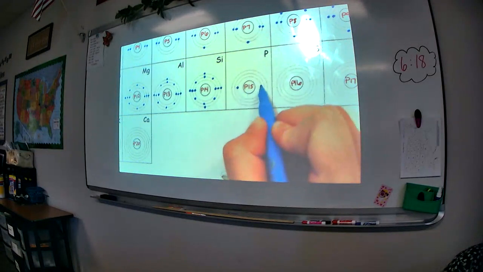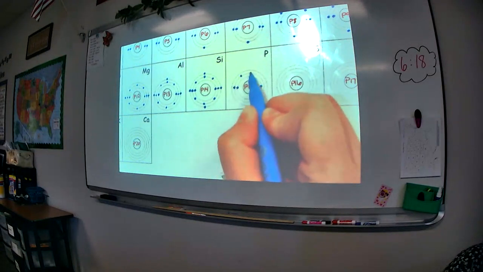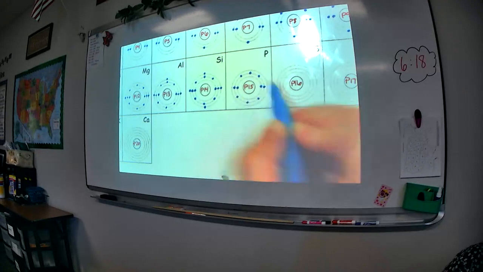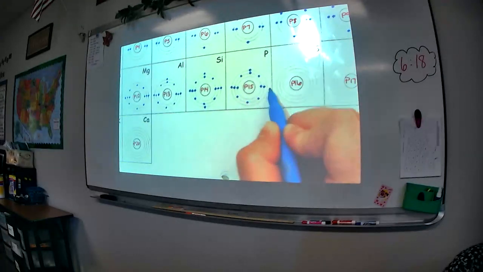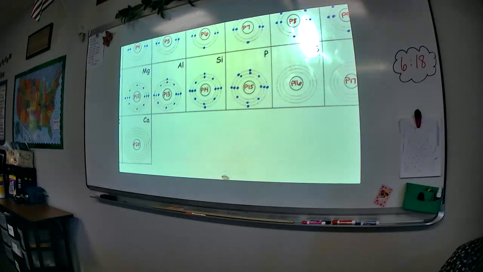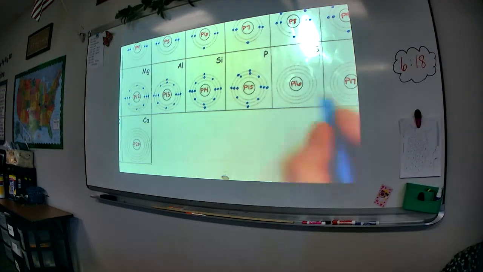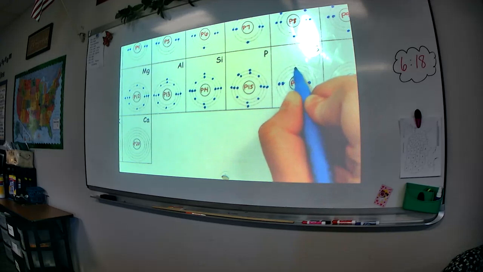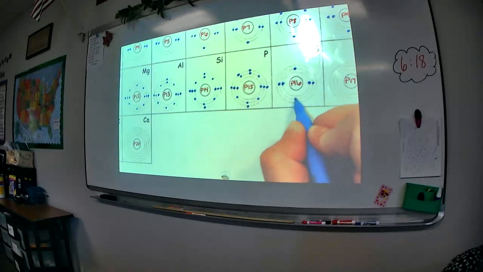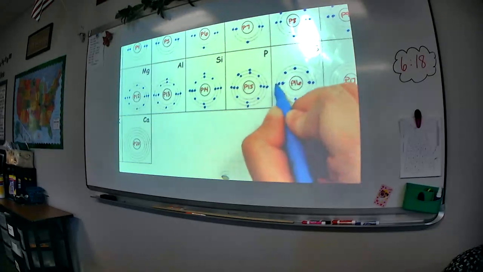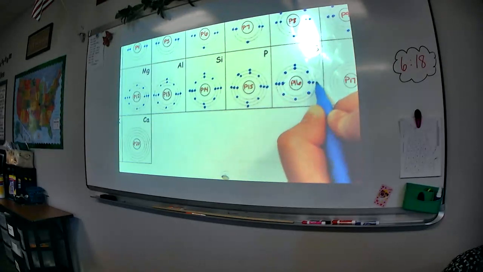Phosphorus, 2 on the first, 8 on the second, and then 5 on the third. Are you seeing the pattern now? Sulfur, 2 on the first, 8 on the second, and then 6 on the third.